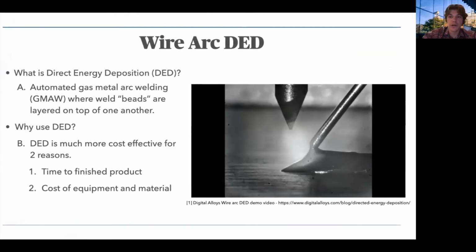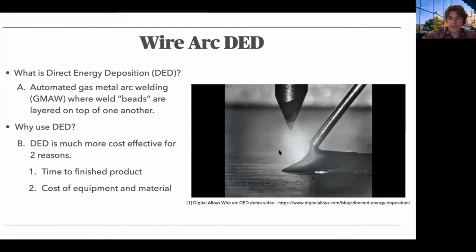So what is wire arc DED? First, we need to discuss really what DED is. For this application, we used automated gas metal arc welding, or GMAW, as you may hear in industry, where weld beads, or the filament or wire that I was talking about earlier, are layered on top of one another.